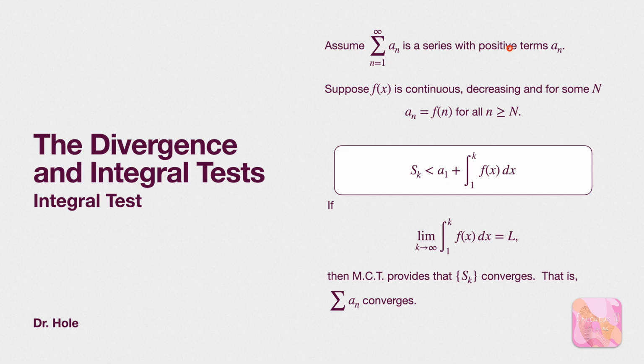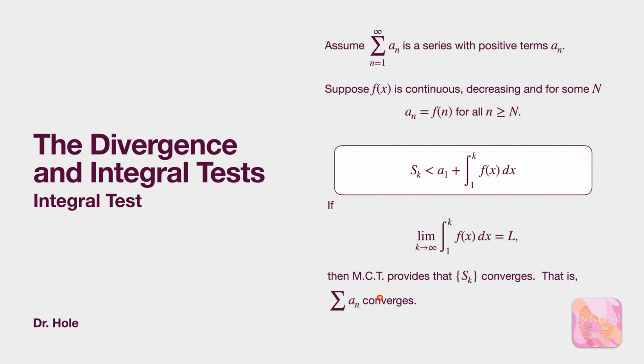But since we're using positive termed sequences, the sequence of partial sums is going to be monotone increasing. As well, it's going to be bounded below by 0. Thus, we can apply the monotone convergence theorem to say that the sequence of partial sums converges.